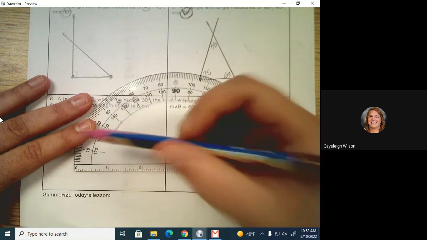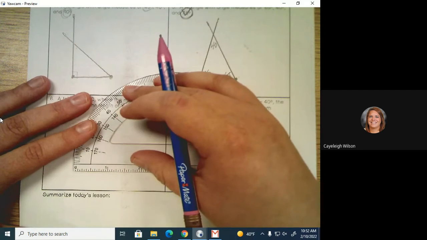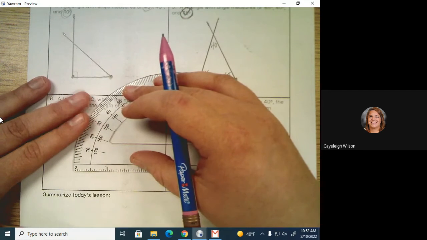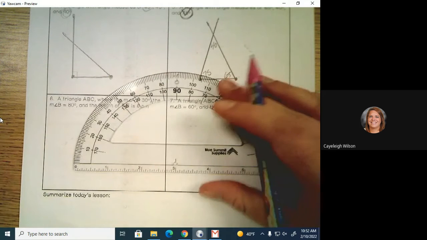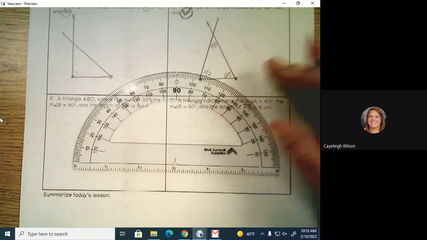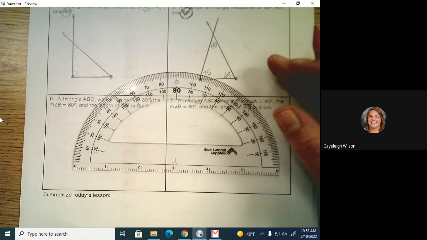I just said that wrong. There's 10 millimeters in a centimeter.